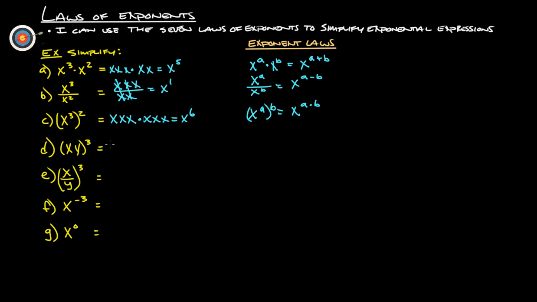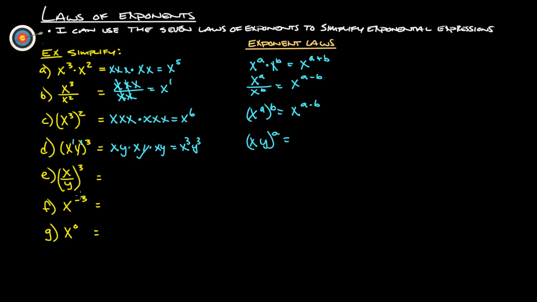Okay, xy to the 3rd, you can think of that as x to the 1st, y to the 1st, but really it's xy times xy times xy, right? So that's 1, 2, 3 x's, so that's x cubed, and 1, 2, 3 y's, y cubed.